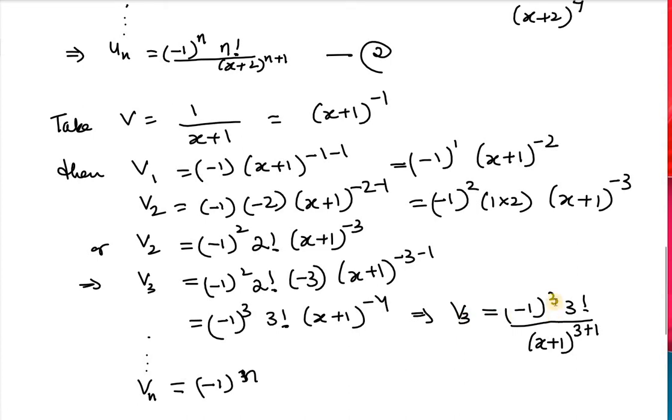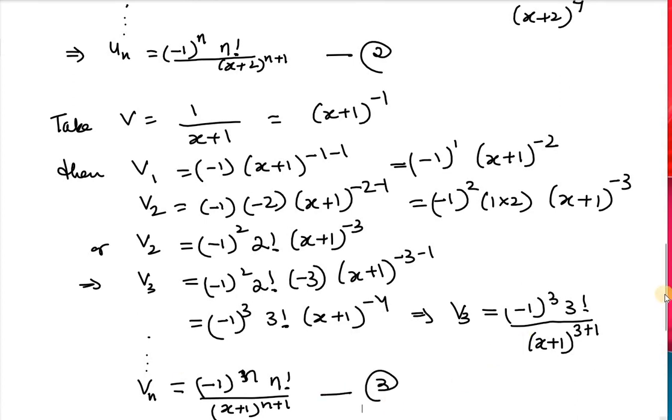If you compare, the power of this minus 1 is the same as the factorial, which is the same as the order of the derivative, as in v2 also. But the power of x+1 is 1 more than the order of this derivative. So you get n factorial divided by (x+1)^(n+1). So name this as equation 3.